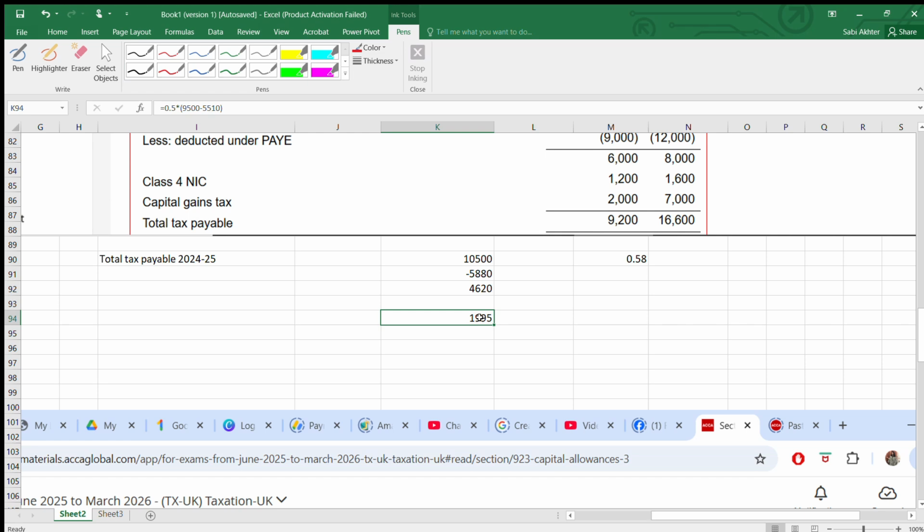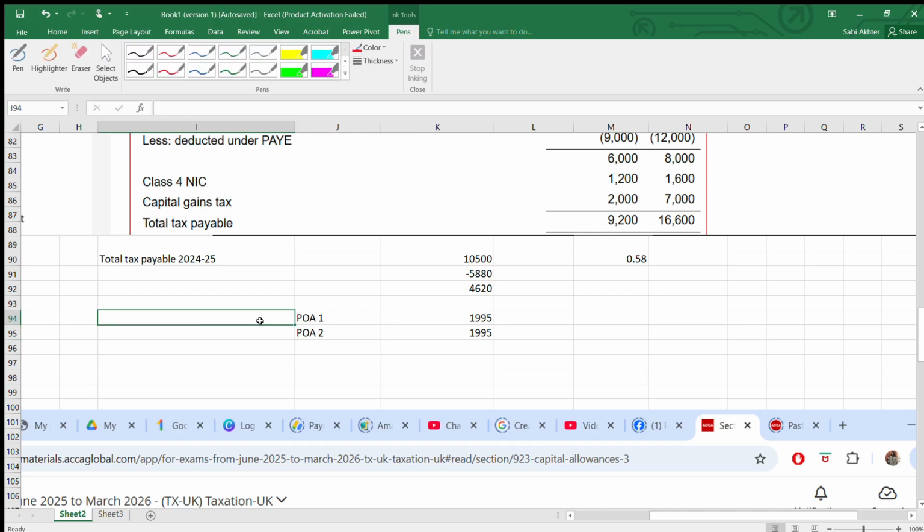You see, this is your payment on account. You have already taken half. So the first payment on account is 1995. This is payment on account 1. Then this is payment on account 2.